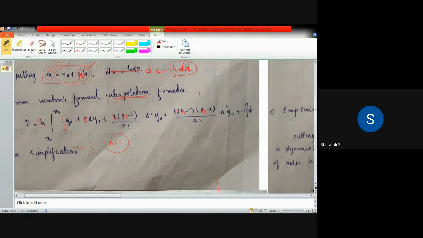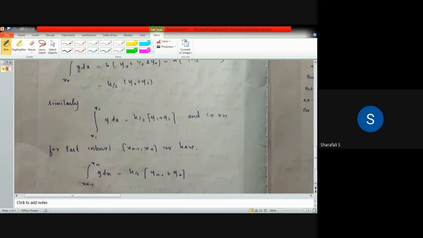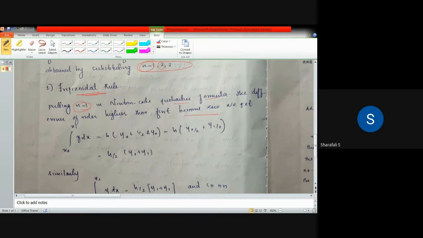So if you are considering n equal to 1, then this term will become 0, right? This term also will become 0, since n minus 1 is there. So all the higher order terms will become 0, except these two terms. Only these two terms exist when n equal to 1, because in all other terms n minus 1 is there. So when n equal to 1, all other terms will become 0 except the first term and delta y0 will exist.